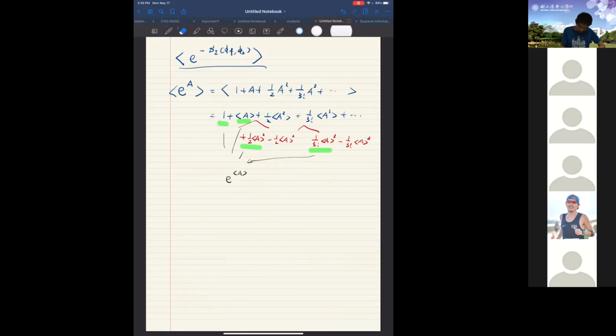This term you can compute relatively easily, and the rest of the terms you need to compute may be a little bit hard, but basically you want to compute the exponential of this object, right? So square minus.